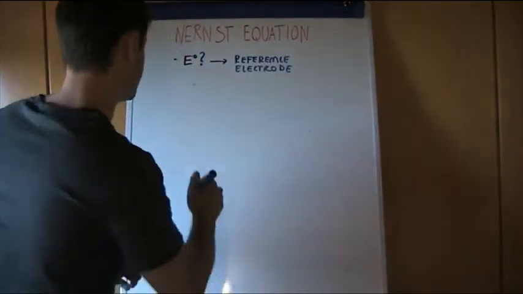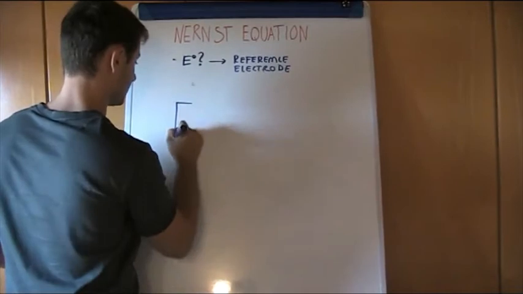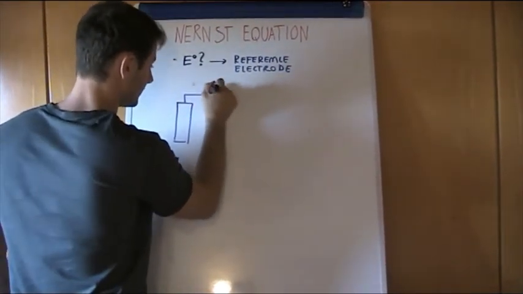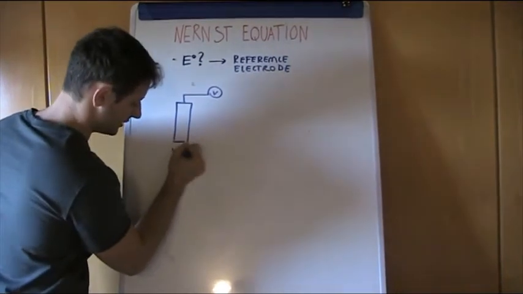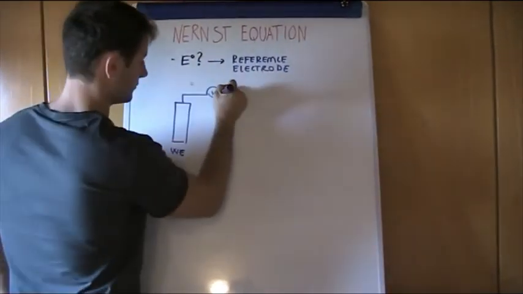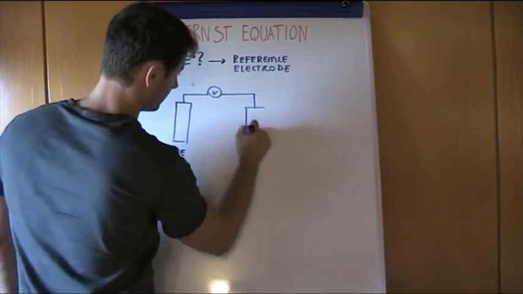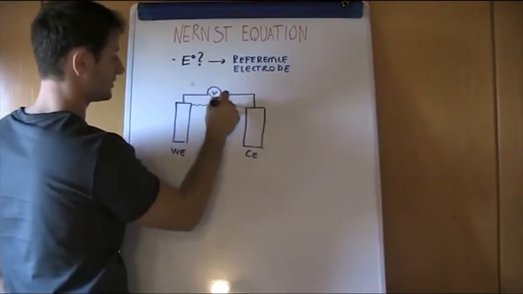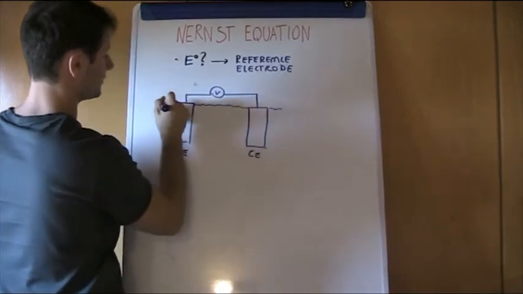So in a cell, basically, the main components together with the electrolyte are the working electrode and the counter electrode. And this is the electrolyte.